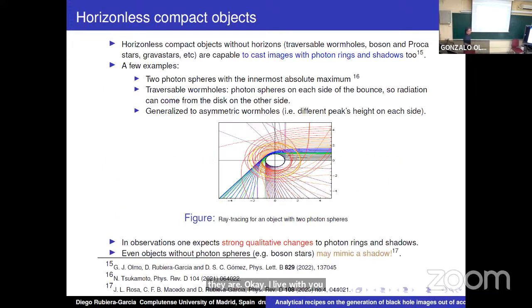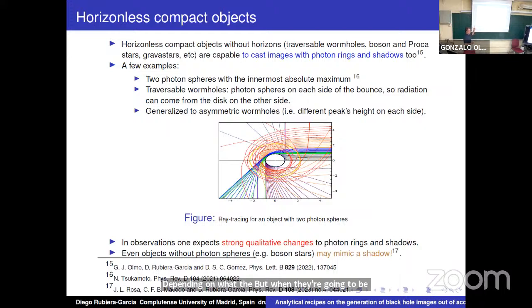You can generalize all this stuff to any object you want, for instance, horizonless compact objects. The point is that black holes, no matter what they are made of or where they originated, have several properties: photon sphere, horizon, that's it. Depending on where the horizon is, depending on where the photon sphere is, you have different things. But qualitatively, everything is the same.